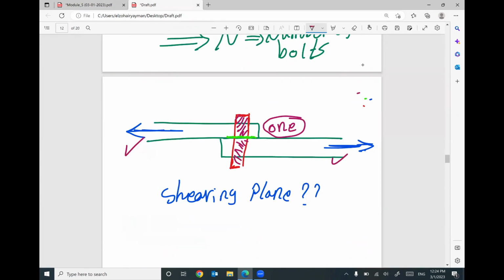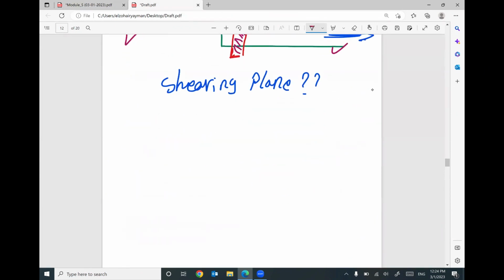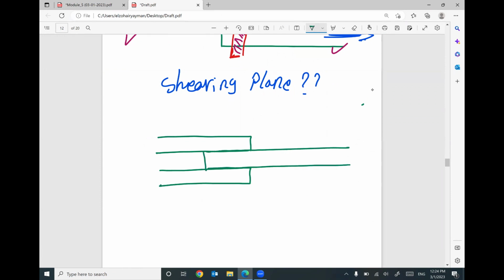However, sometimes we have this member and this member connected to this member with a bolt, and your bolt looks like this. Keep in your mind, this part of the member will be moved to the left. We have a force here. And this part of the member or the connection will move in this way.